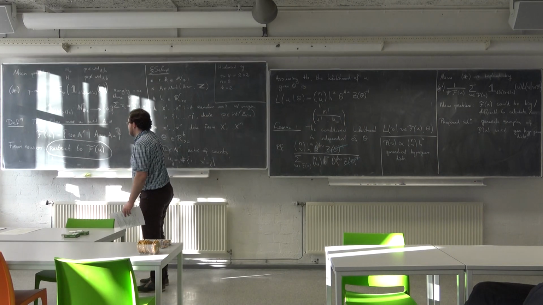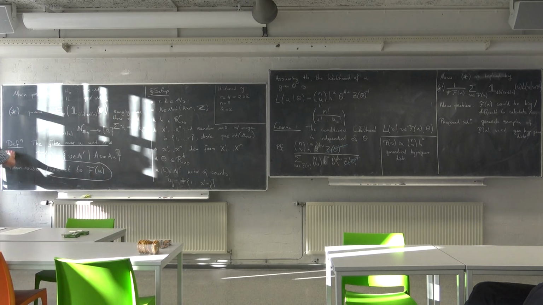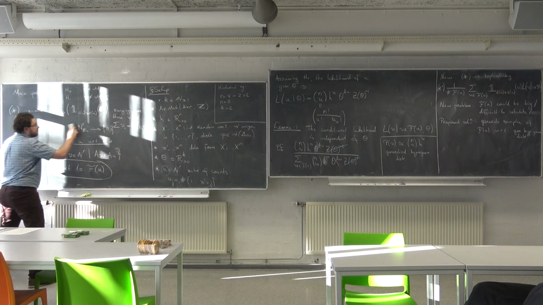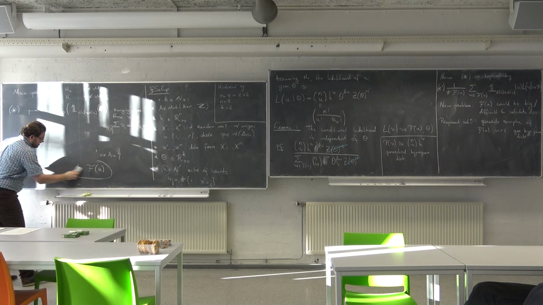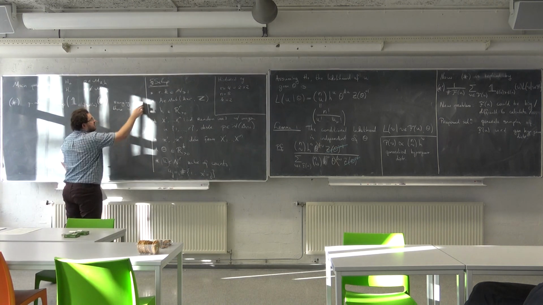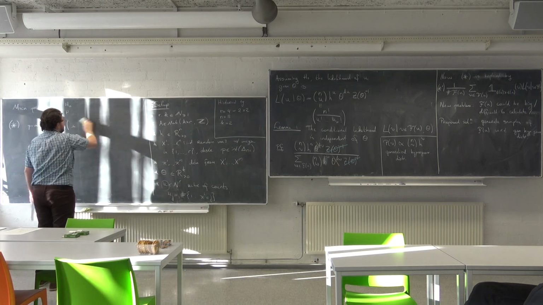And it's no surprise that the results of today relate this sampling problem to this ideal I sub A, which is a toric variety.